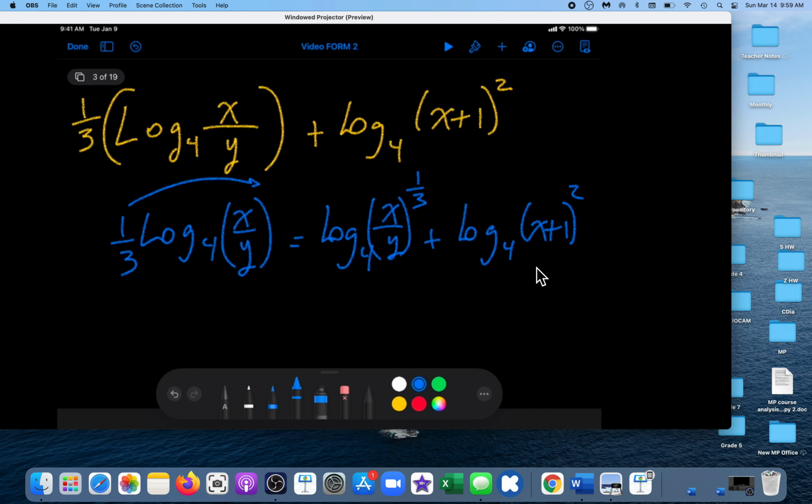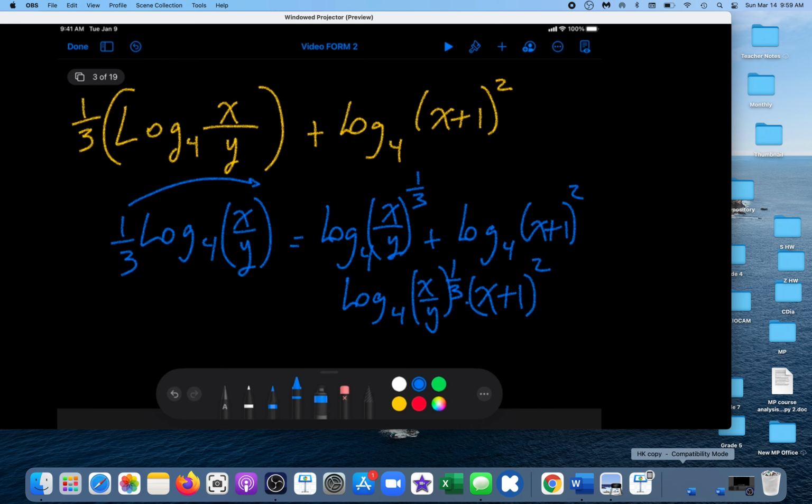Now, we will end up having log base 4 of x over y to the 1/3 times x plus 1 squared.